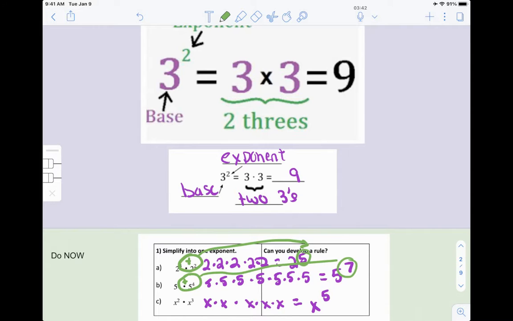And the last example, x to the 2nd power times x to the 5th power, if you were to add those exponents, they would be equal to 5. So you can see that when you're multiplying and bases are the same, you add the exponents. So same base means add the exponents.